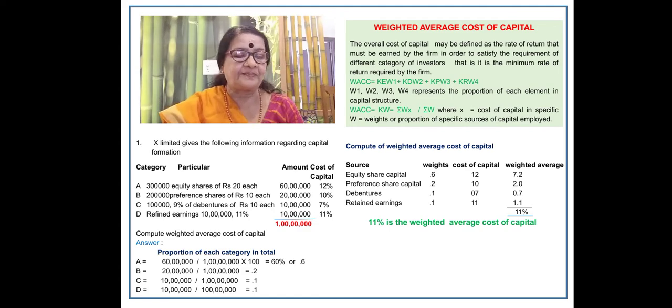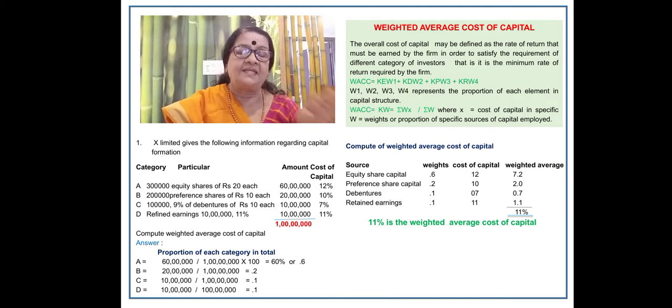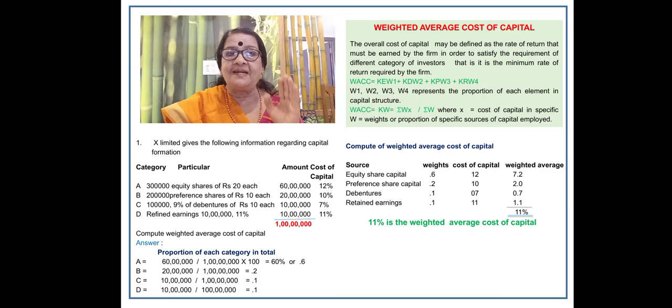Therefore, in such cases, the weighted average of specific cost of all the components is taken into account by assigning weightage to each component of capital. So the weighted average cost of capital, we can say the combined cost of capital or overall cost of capital.